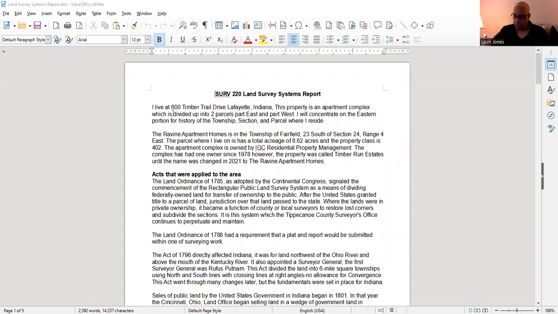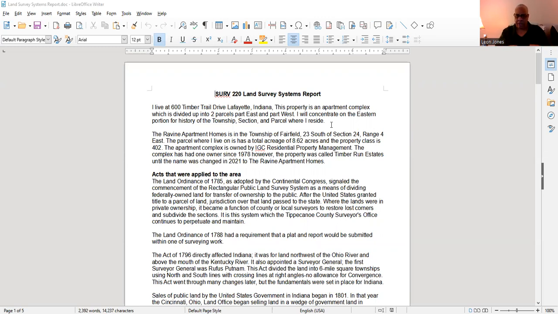I live here in Indiana, and went in and looked up who owned the apartment complex, where it was located, and I found that it was located in two parcels, part east and west. Now, I said I was going to concentrate on the eastern portion just for history, because you need to understand how surveying got started.